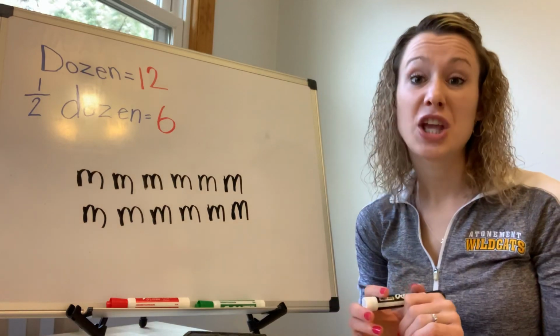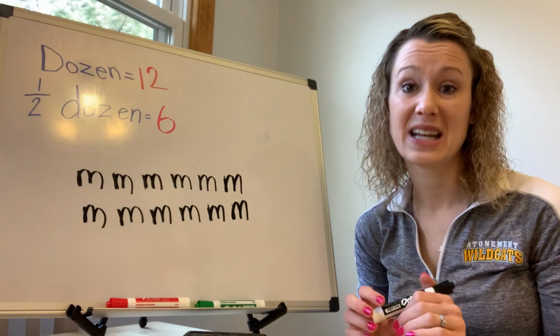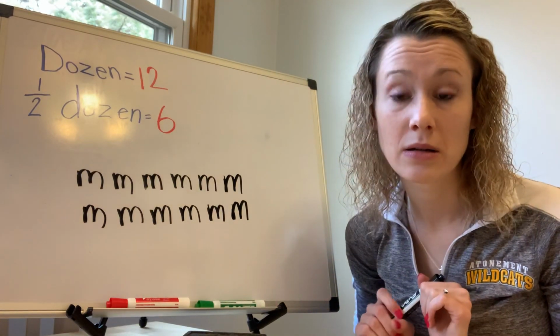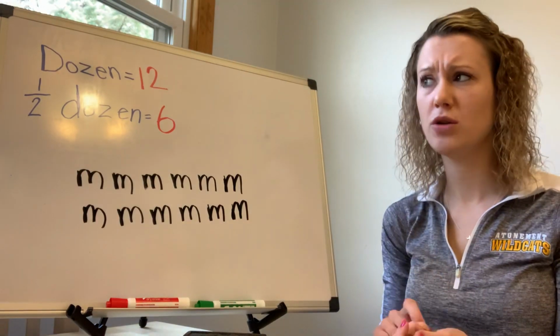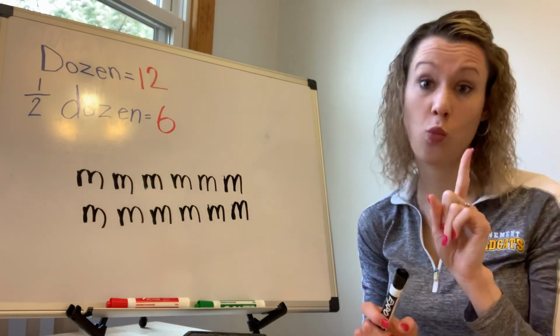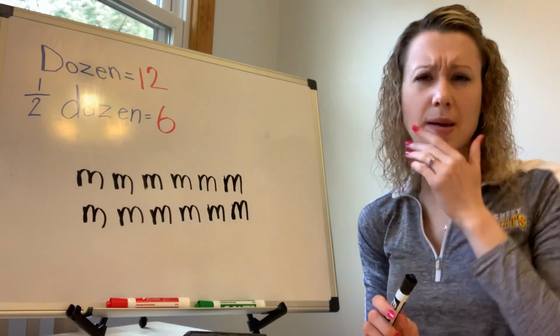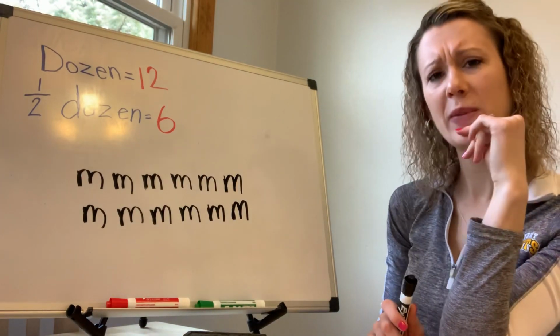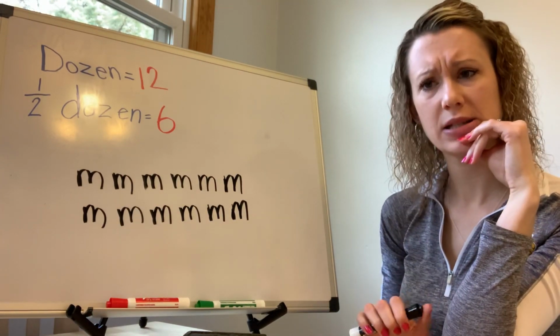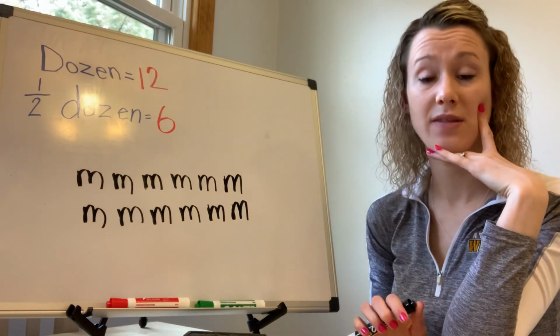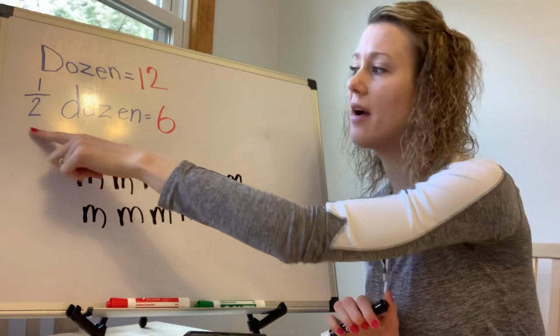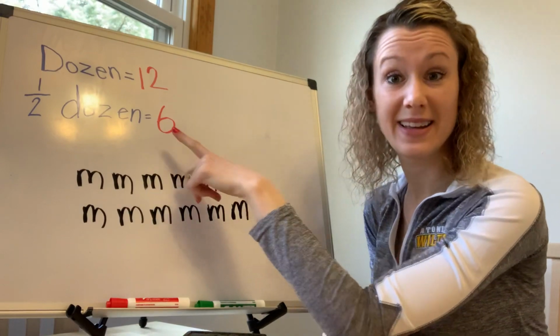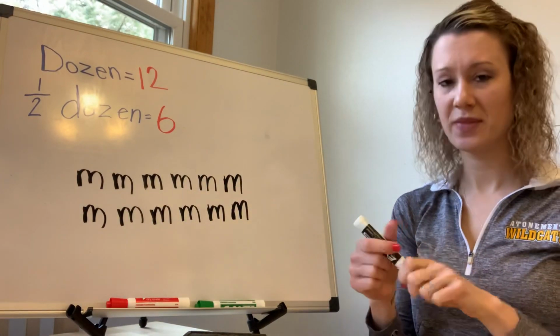Then you went and ate a half dozen. Oof. If you ate a half dozen muffins, number one, you'd have a tummy ache. But how many muffins did you eat if you ate a half dozen? Well, a half dozen means 6.